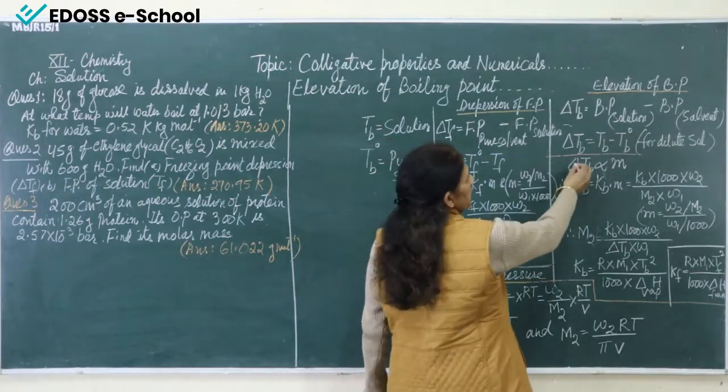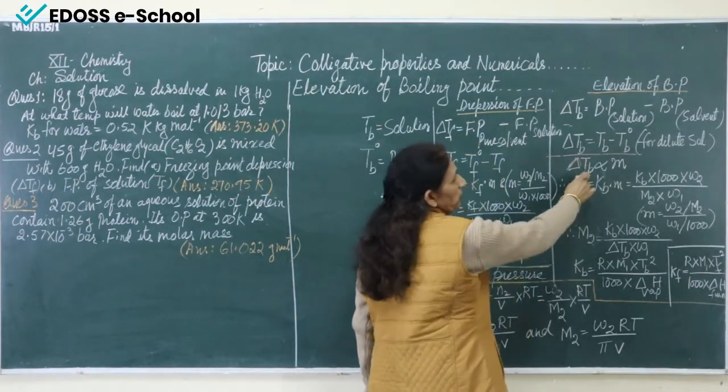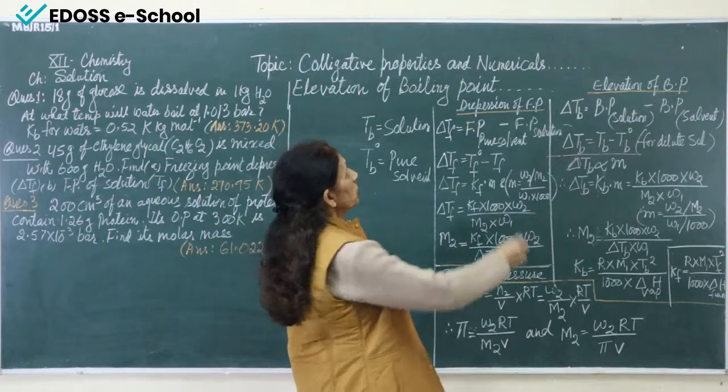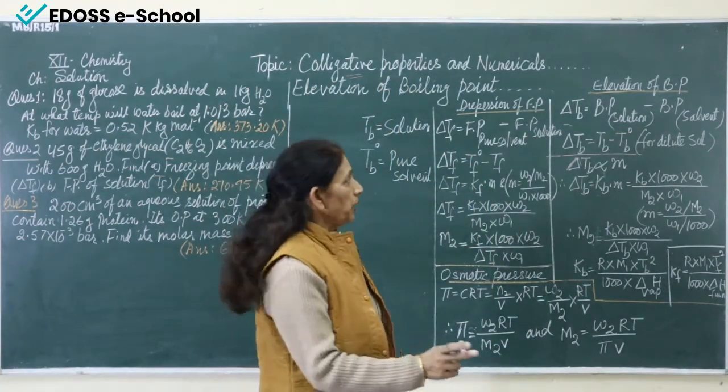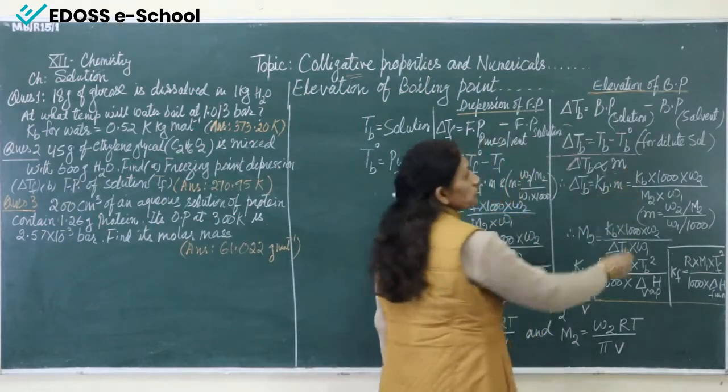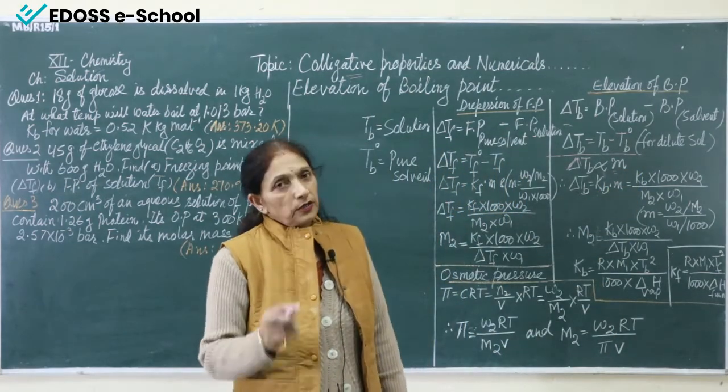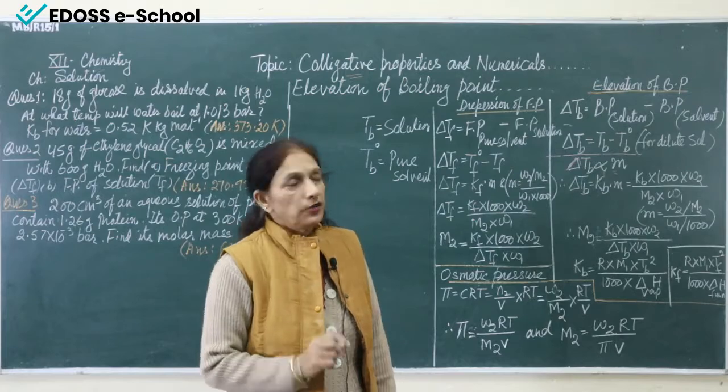Now we can say that this elevation of boiling point is directly proportional to molality, because all colligative properties are based on the concentration, the number of solute particles, and not on their nature.